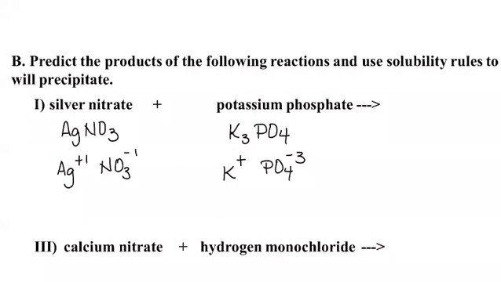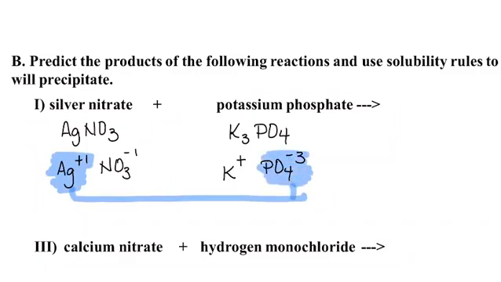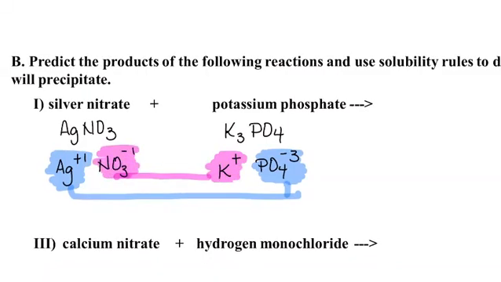Excellent. Since we have a double replacement reaction, that means that these compounds are going to exchange partners, okay? So my cation here will now be paired with the anion here. My cation here will be paired with the anion here, okay? So I'm going to write the new pairs.